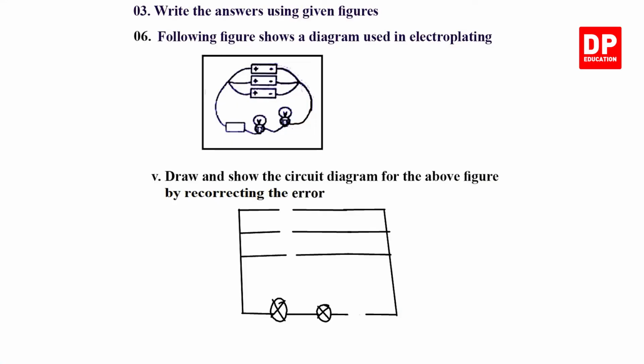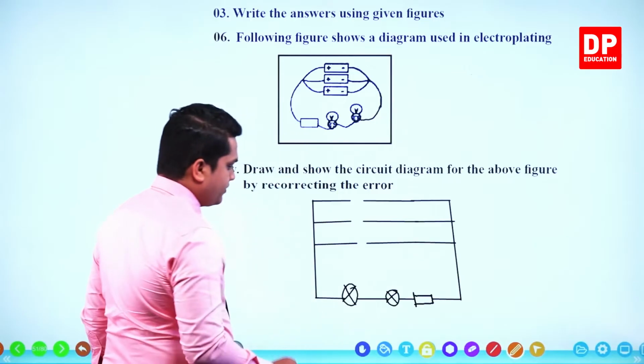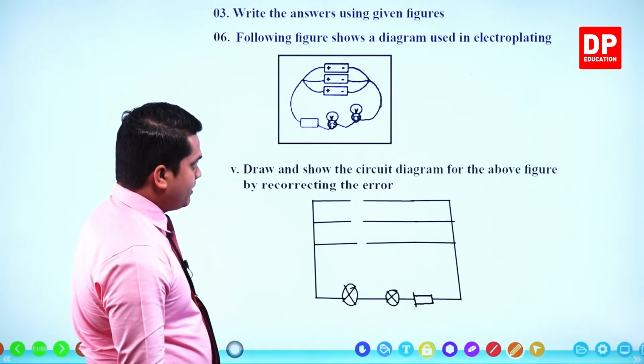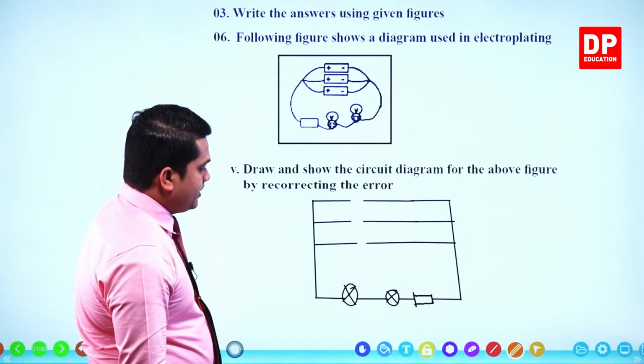We have to draw the circuit symbol for a resistor. As the resistor is given like that, we'll draw it in the same way as the given diagram.